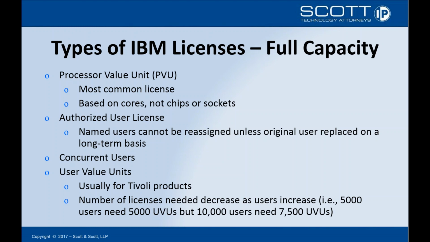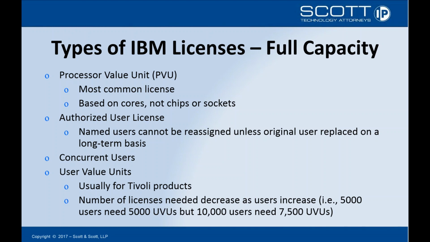I have a lot of customers, and I'll talk a little more about this when dealing with subcapacity licensing, who tell me all of the reasons that they get to use subcapacity licensing without qualifying for it, because they somehow encountered difficulty when they were trying to adhere to the requirements. So the best way to look at it is that your default licensing position is you have to license the full capacity of any machine that IBM is installed or used on.